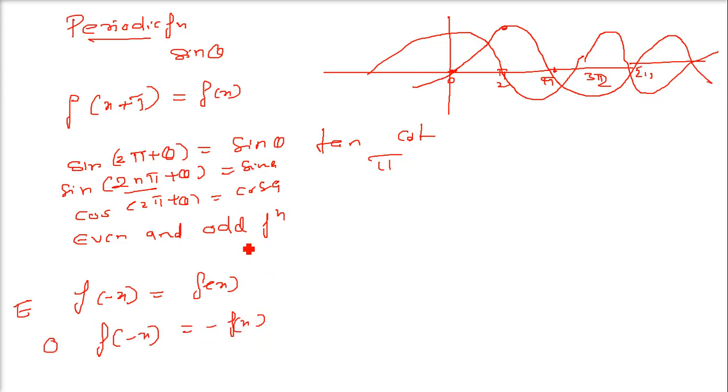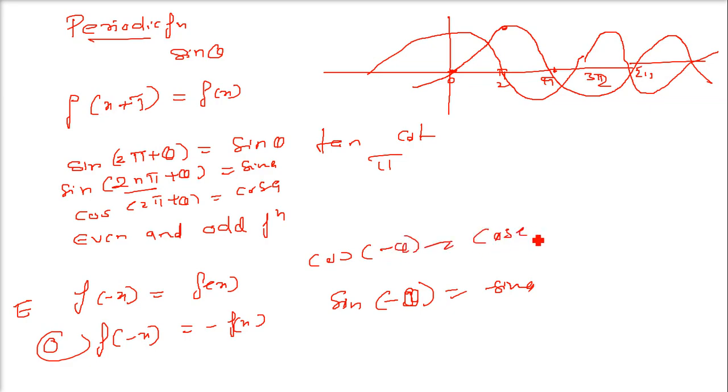I'll tell you how. Sine minus theta is minus sine theta, so it is an odd function. But cos minus theta is plus cos theta, so this is an even function. So this is just the basic idea of trigonometric functions which we are going to use in solving the problems.